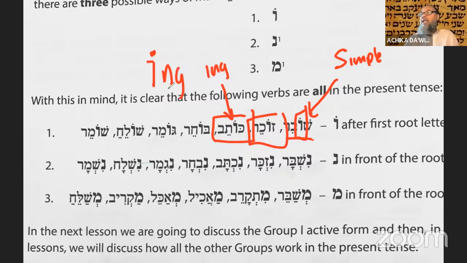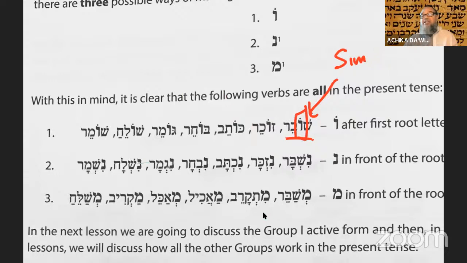In grammatical language, the actual appropriate term is called a participle, but they didn't mention it here, so I'm not gonna go into it. But I know that it's actively happening, okay? So when I look at that and I hear an O sound, I'd be like, okay, that's a present tense. Because that's the rule.